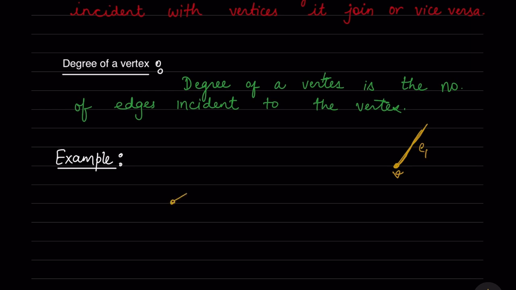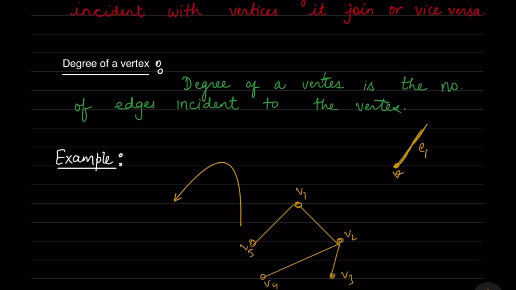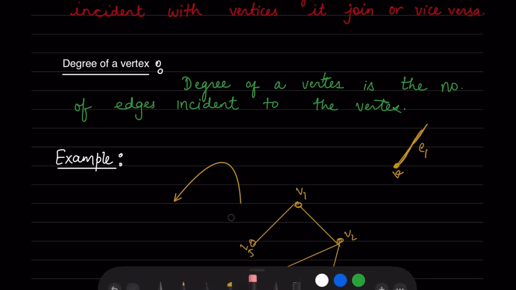Here we are defining a graph. These are the vertices V1, V2, V3, V4, V5.